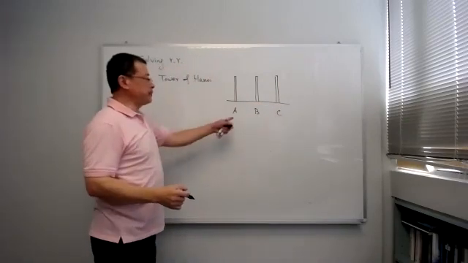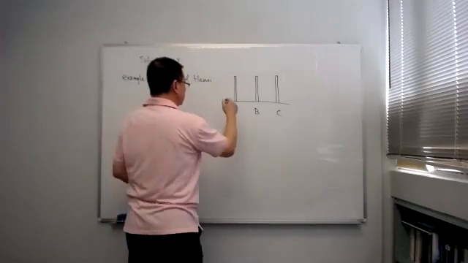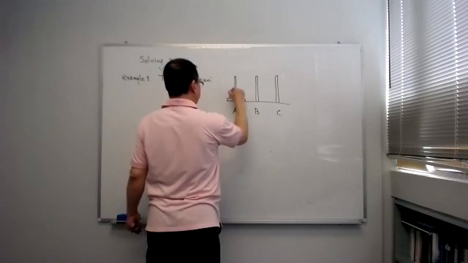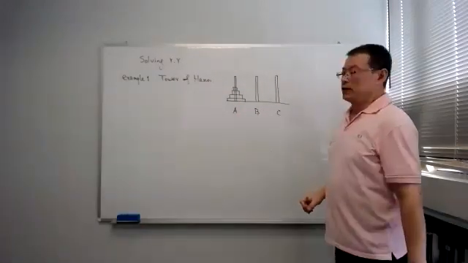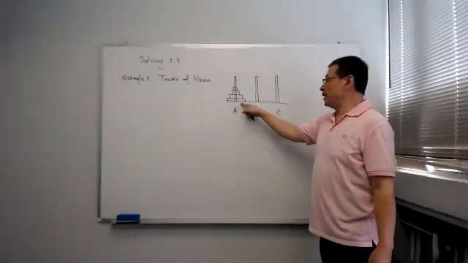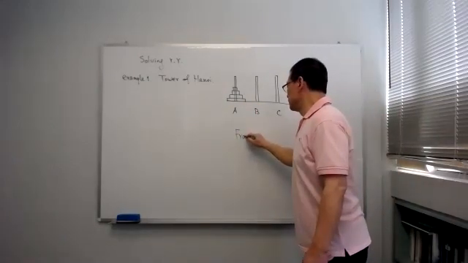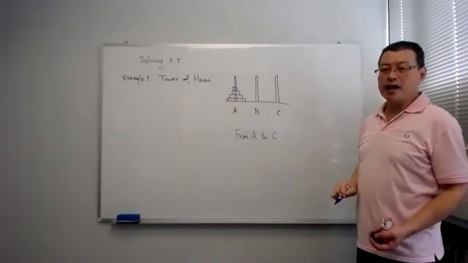At the start, peg A has the disks arranged sorted, the largest one on the bottom. Here I show you 4 disks. Your task is to move all the disks from A to C, one disk at a time.